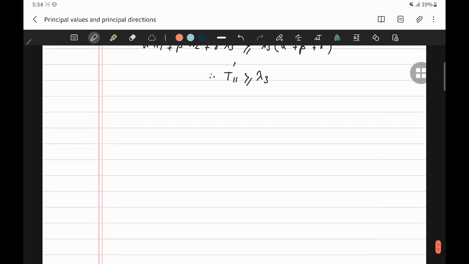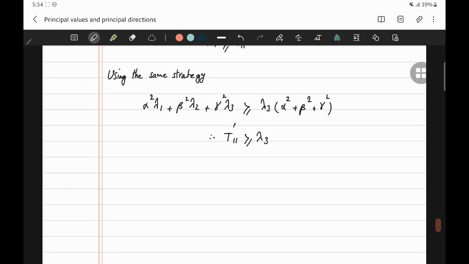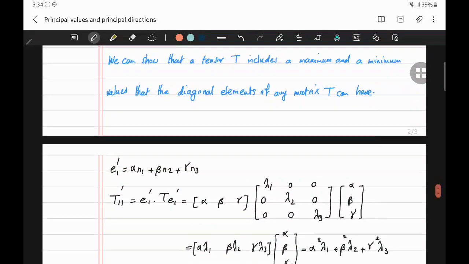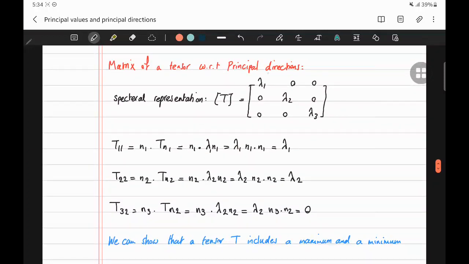Therefore, we can conclude that the maximum principal value of a tensor T is the maximum of the diagonal elements of the matrix T, and the minimum value corresponds to the minimum value of the diagonal element of the matrix T, and T here is this matrix here. So the same concept from matrix can be applied to the tensor.